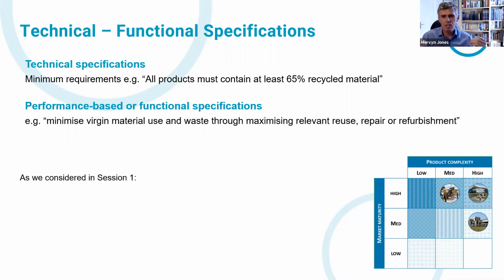Performance-based specifications, functional specifications are broader in terms of asking for more innovative solutions. For example, when we talk about transport, do you need 100 cars or do you need mobility? If we're talking about a bridge, for example, in terms of infrastructure projects, do you need a connection between 2 points, A and B?